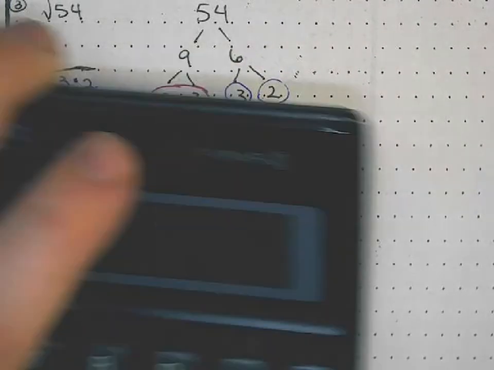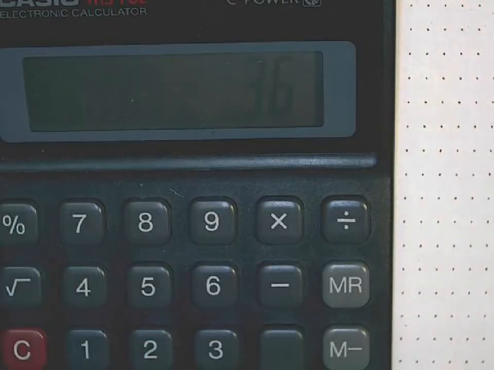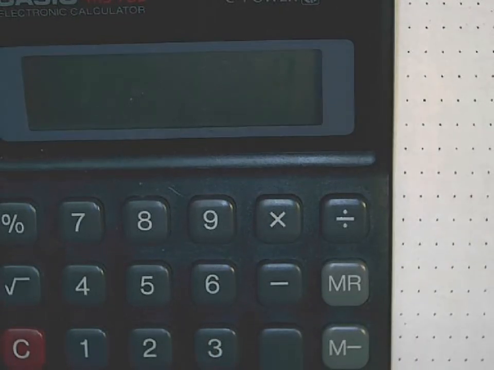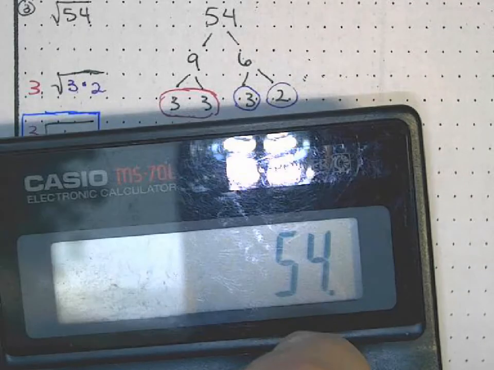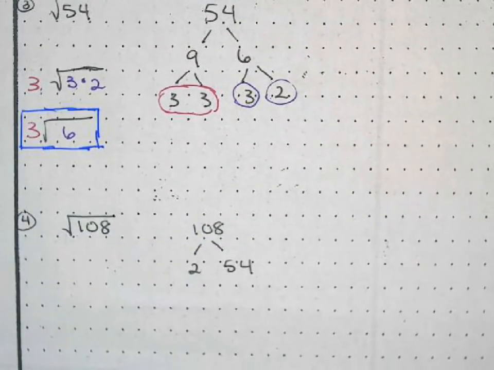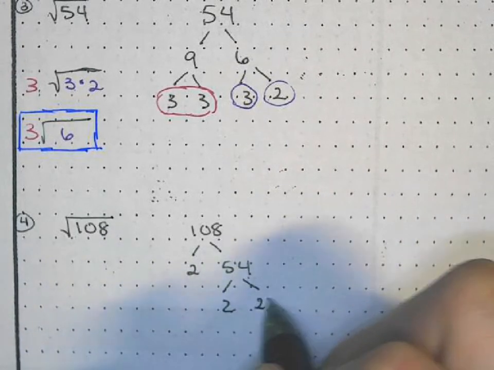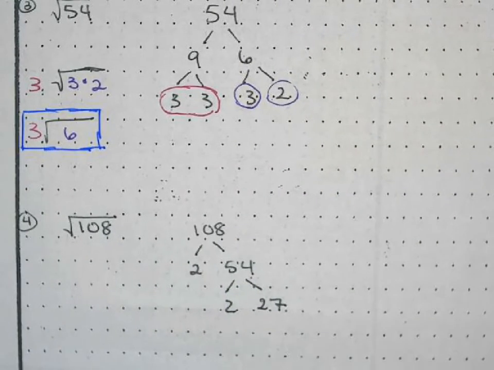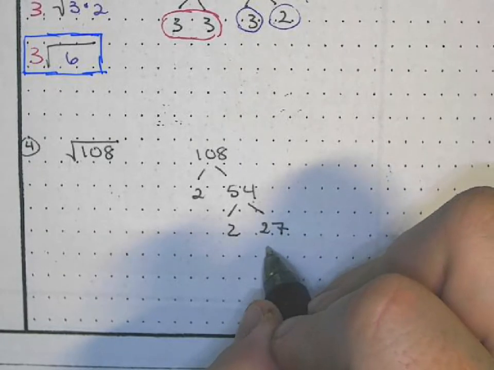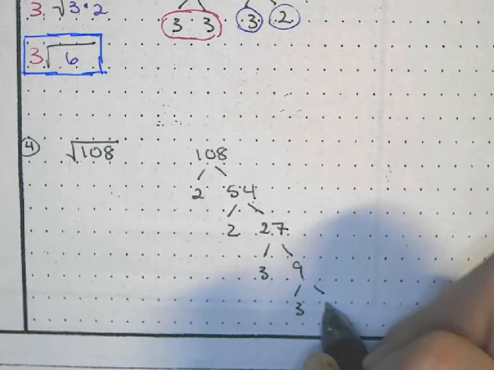If you know a better route, take that better route. But sometimes we just got to throw something at it. So I'll use my calculator. 108 divided by 2 equals 54. So we get 54, another even number, so I can divide it by 2, and we get 27. 27 I'm starting to get a little bit more comfortable with, so I can say that is 3 times 9, and then 9 breaks down into 3 and 3.